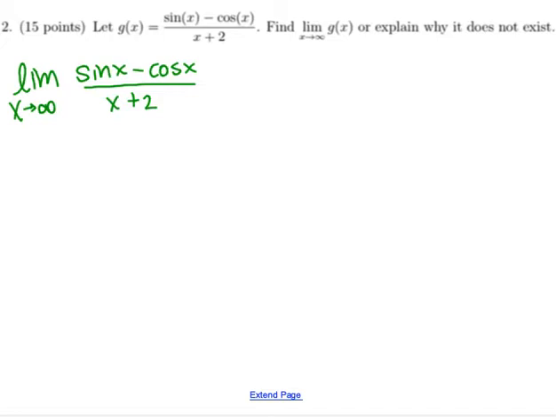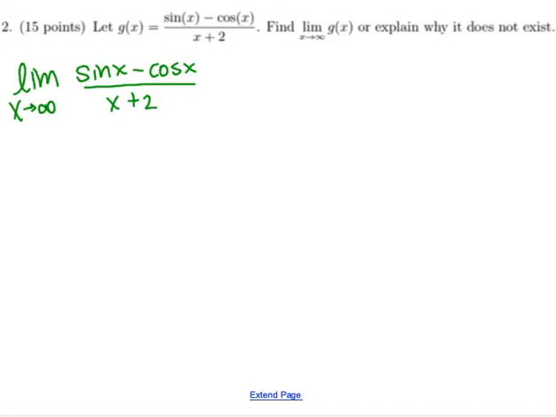Our first idea when we see we're going to infinity is to look for the biggest degree in the numerator and divide out, biggest degree in the denominator and divide out by that term. This one's a little different. Why? It's got your good old sines and cosines in it.